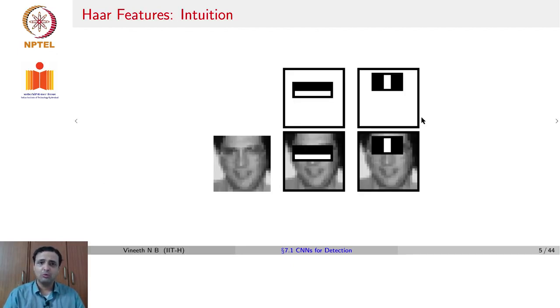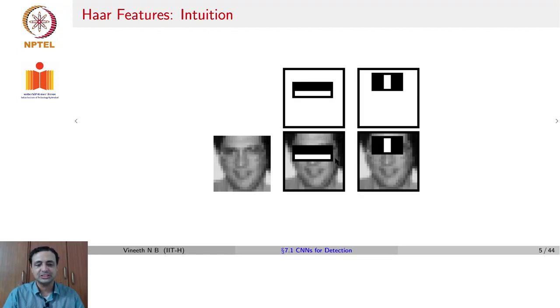So the intuition of using Haar features for object detection, or face detection in particular, is that a lot of the features of the human face are about contrast between a certain region and the adjacent region. For example, if you looked at the eye region, as you can also see here, it's likely to have a black area below and a reasonably brighter intensity area right above that.